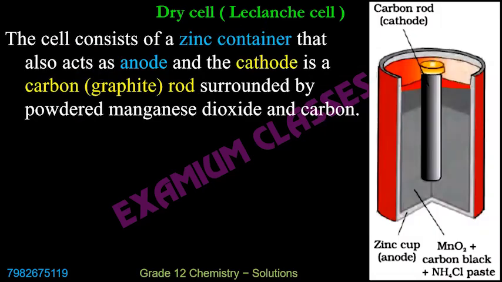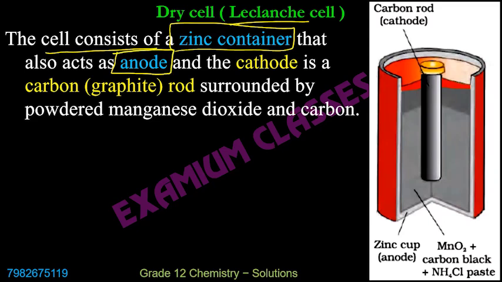So when we talk about Leclanché cell, the cell consists of zinc container. The container is made of zinc and also acts as anode. These are the points I have highlighted so that you can memorize these points. These are answers to questions. And cathode is carbon graphite rod. Container itself acts as anode. So you can just visualize you have a pencil cell.